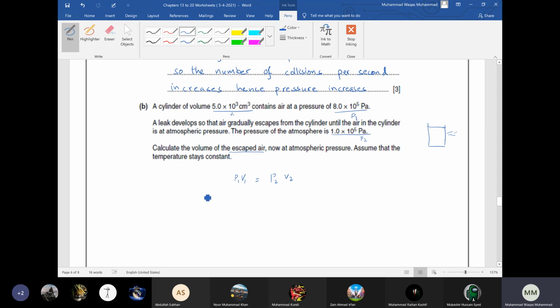So, beta, we can write P1 V1: 8.0 times 10 to the power 5 Pascal, times 5.0 times 10 to the power 3 cubic centimeter. P2 is 1.0 times 10 to the power 5 Pascal. Sorry, no need to write the unit here.